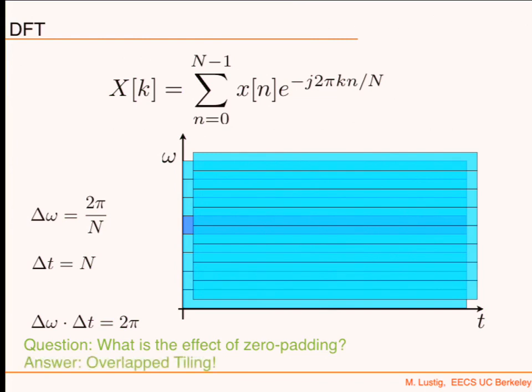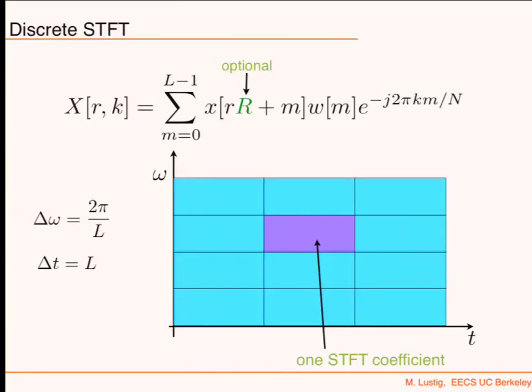Now, if I do a short-time Fourier transform, I break my sequence into pieces. Each one of them, I compute a DFT. Right? The area stays the same. But now, I compute a DFT over not 8 samples, but 4 samples.